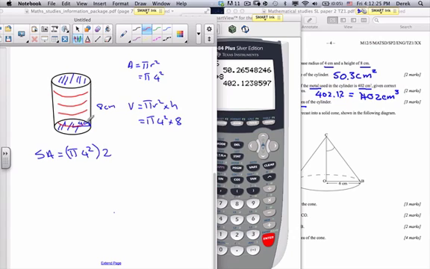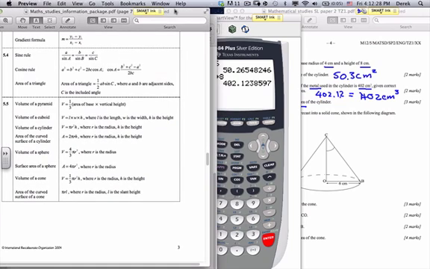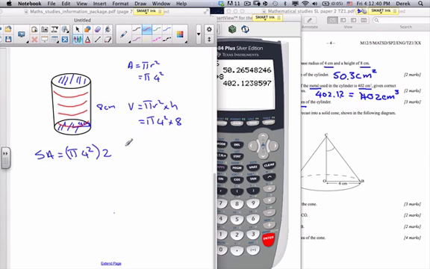Now what is that? Again, we can go to our data booklet. It should give it to us here. The area of the curved surface of a cylinder is equal to 2 pi r times h. So it's going to be plus 2 pi r, which is 4, times h, which is 8. So we're going to have all of that.